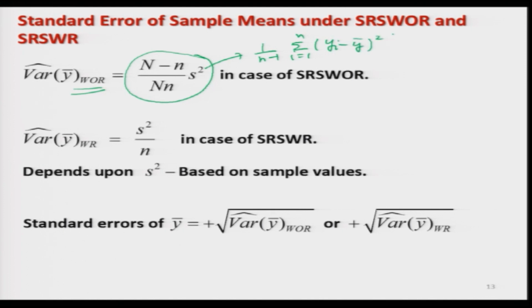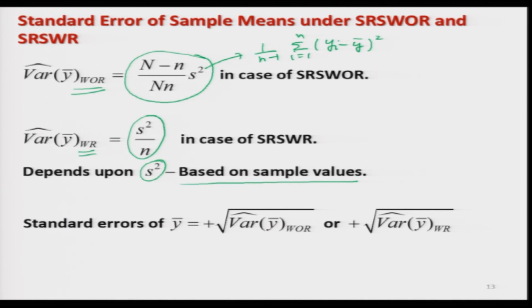So now you can estimate this estimated variance on the basis of the given sample of data, and similarly, in the case of WR, the estimate of variance is given by small s square upon n. So you can see that these two estimates of variances are dependent only on small s square, and this entire quantity is based on sample values, and you can estimate it.